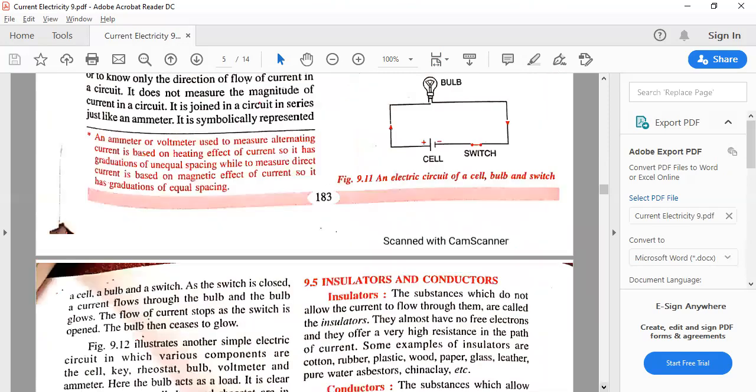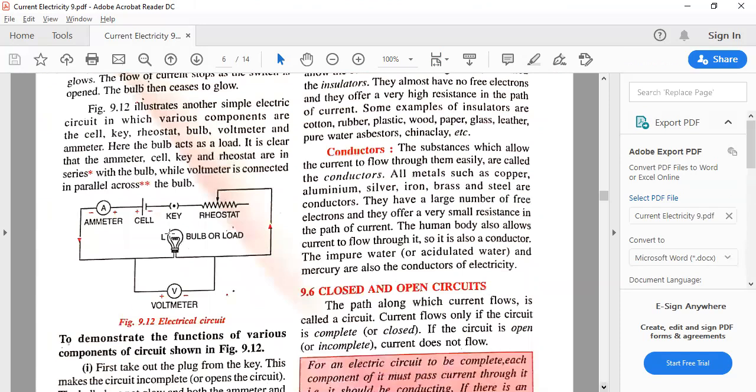Now this is all okay, but I want to tell you how it is connected, which is very important. The ammeter is connected in series, one by one: the positive terminal of the cell is connected to the positive terminal of the ammeter, and the negative terminal is connected to the negative terminal. Similarly, the voltmeter is connected in parallel.